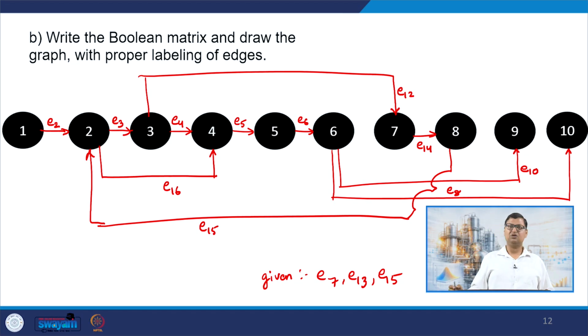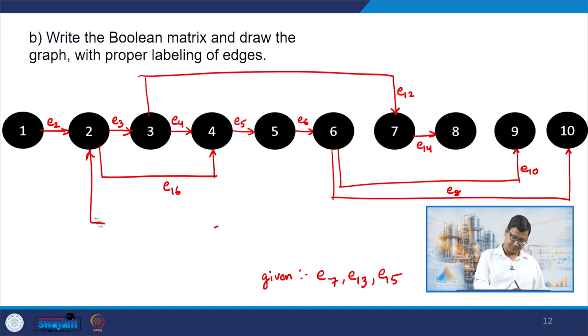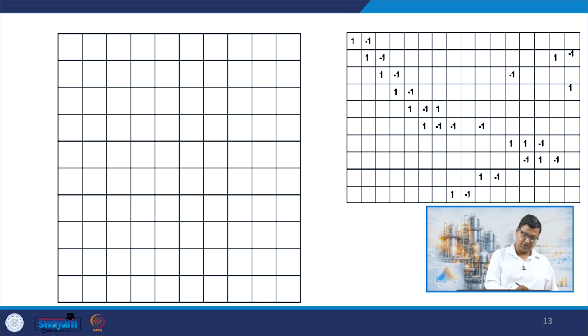Then I am left with only 10 variables in 10 equations. Let me get rid of this. And now we are going to do a Boolean matrix for this particular simplified graph. So in the Boolean matrix, I will have the vertices along both rows and columns.